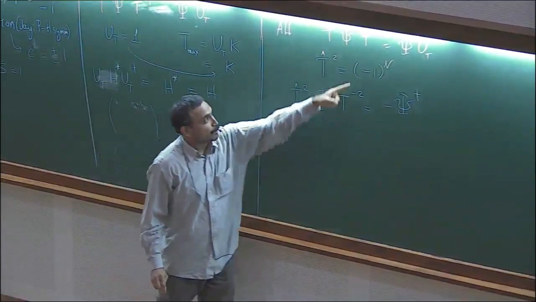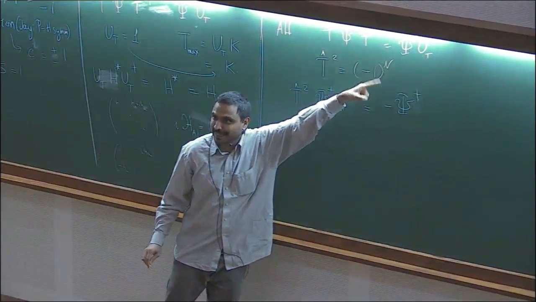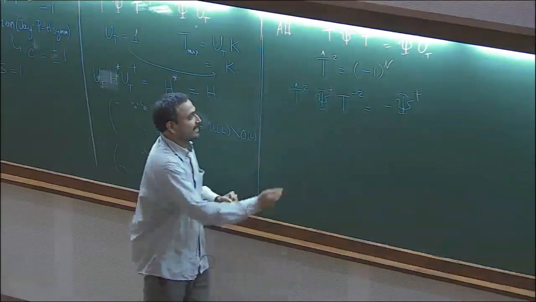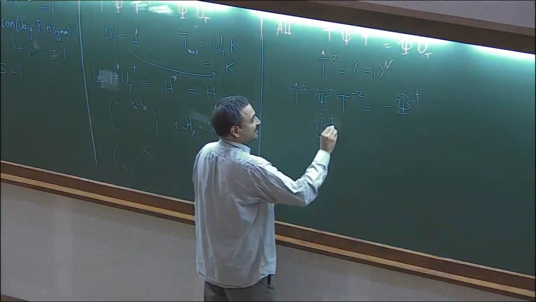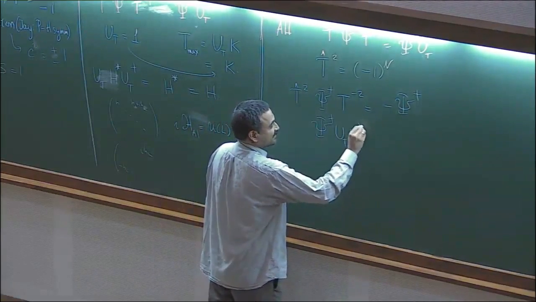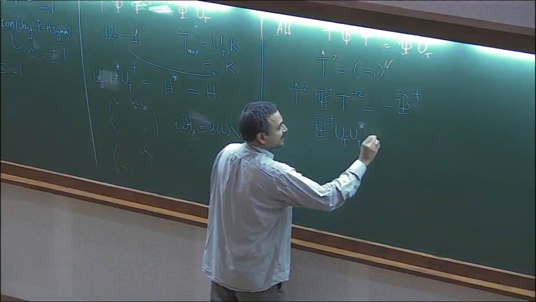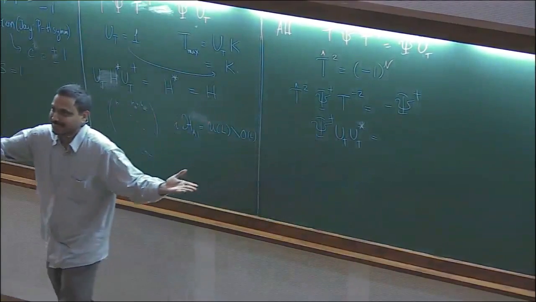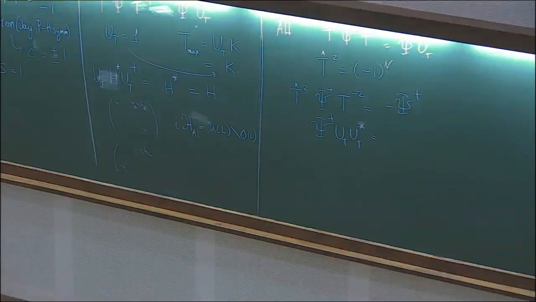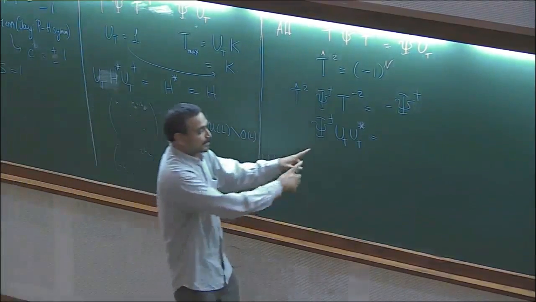If I go through this process using the other definition, that it is ψ† U_T, what will I end up with? I will get ψ† U_T U_T*. This is by the usual thing which I did last time, saying that time reversal is an anti-linear operator. So what do you see from here?